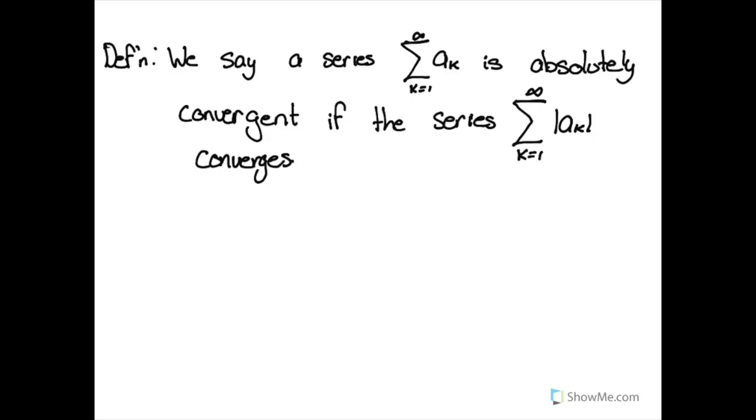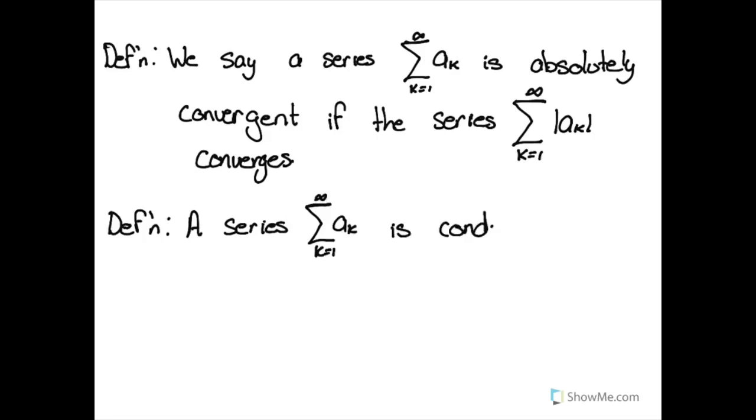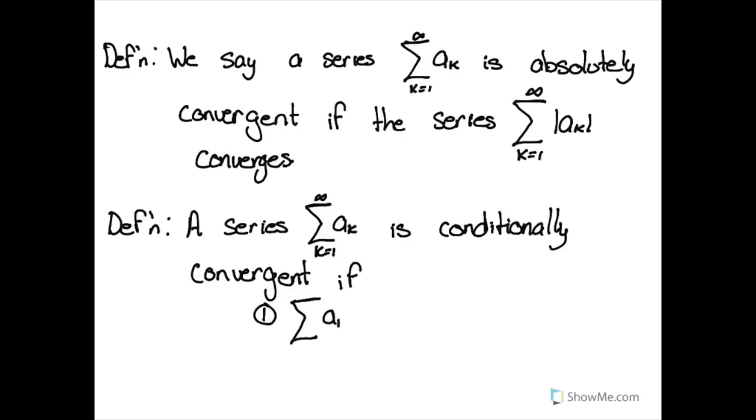And closely related to that, the definition of conditionally convergent. So we say a series a_k is conditionally convergent if the following are true. So one, we require that the series is convergent, right?